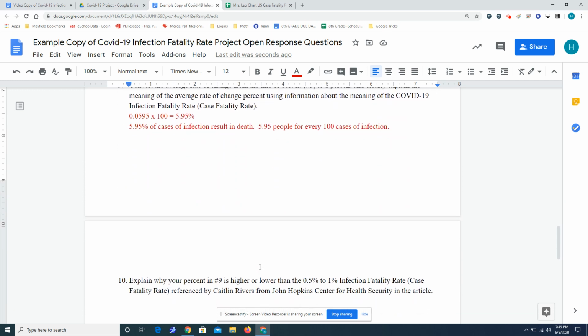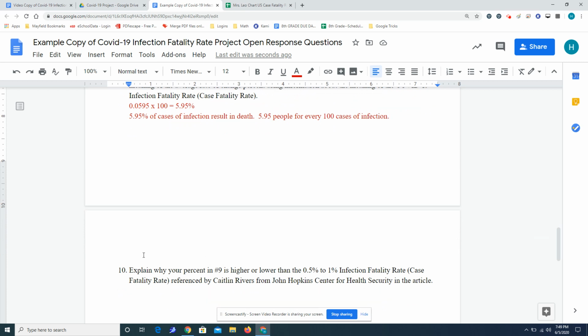So when I go on to the next question, when you read the article, they had mentioned that they believe the infection fatality rate is 0.5% to 1%. And they also mentioned, though, that the data is showing about 5%, which is pretty close to the one that I got.